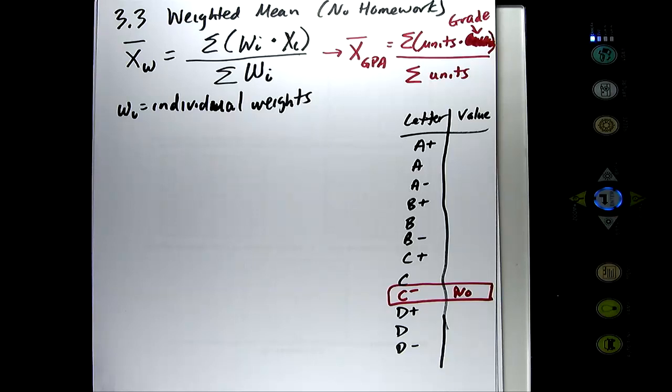Saying a C minus means you did less than what they consider passing. It doesn't make any sense to me. A politician came up with this. Barely passed versus actually passed, like scraped through versus a little bit better than scraping through.